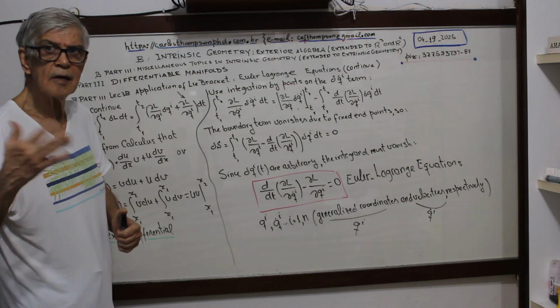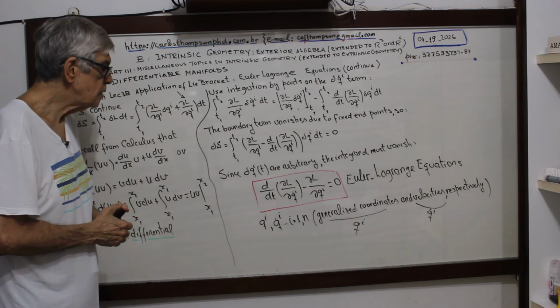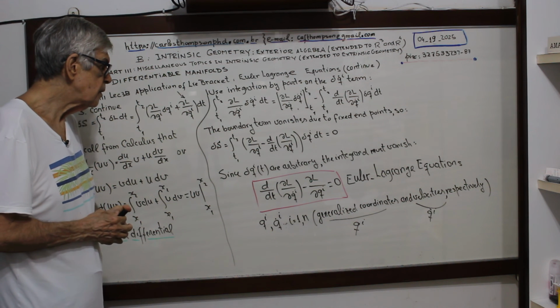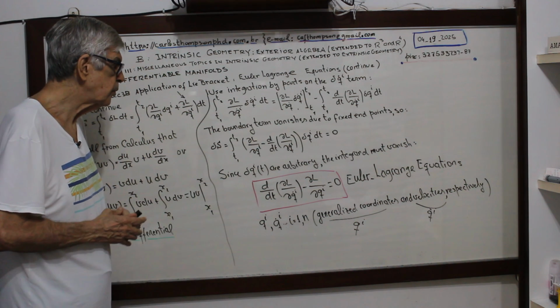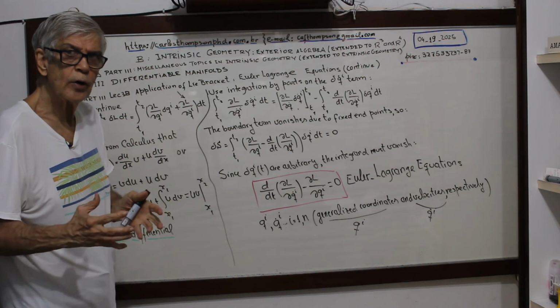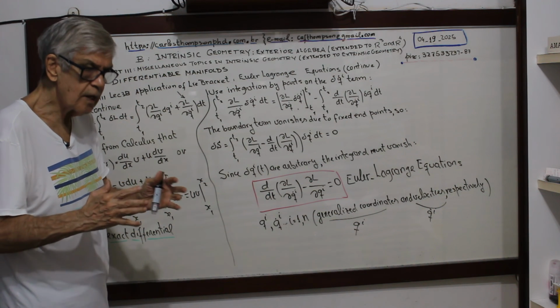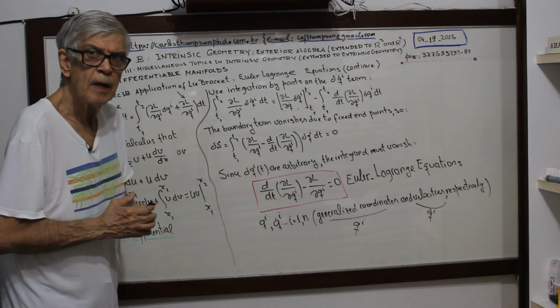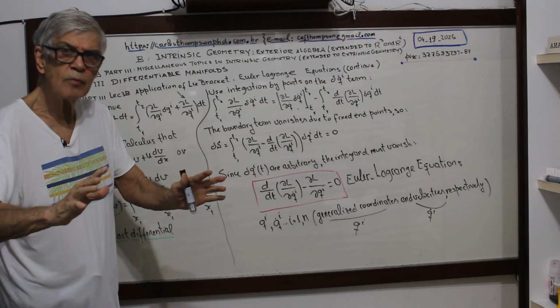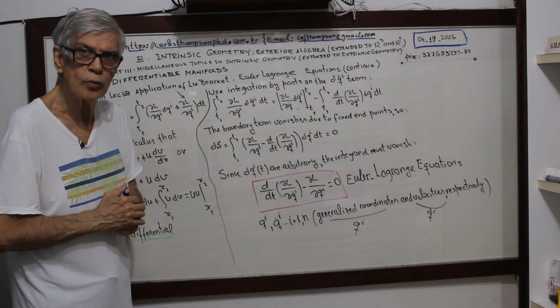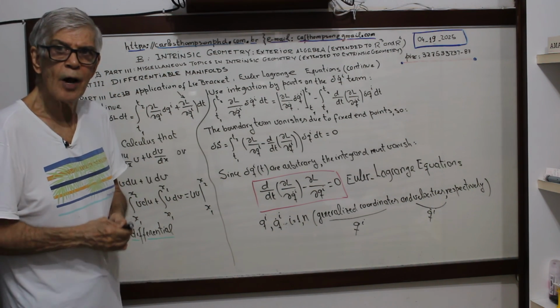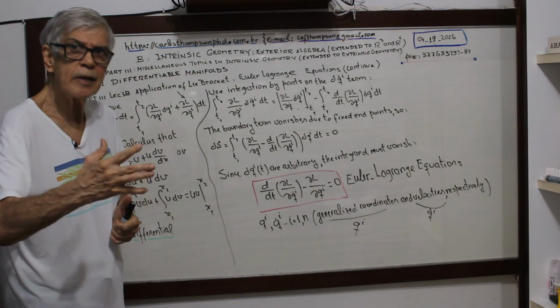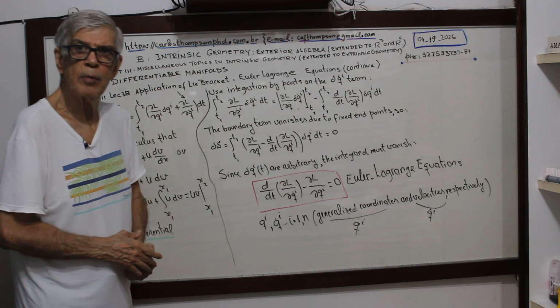I'll show this as an example, just for you to see that the Lagrangian and Hamiltonian, if I use the Legendre identity, lead to the same solution. I will show this by applying it to a physical problem.